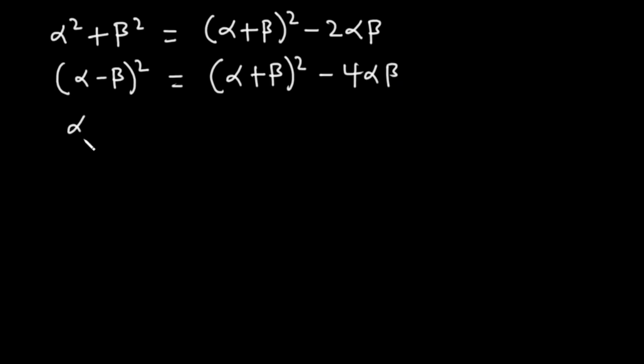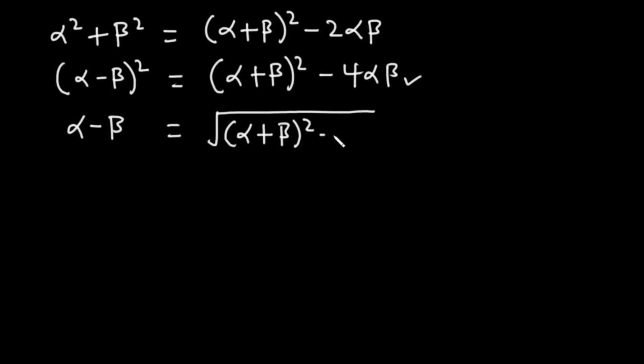Now if you have alpha minus beta, then it's simply the square root of this expression. That's alpha plus beta all squared minus 4 alpha beta.